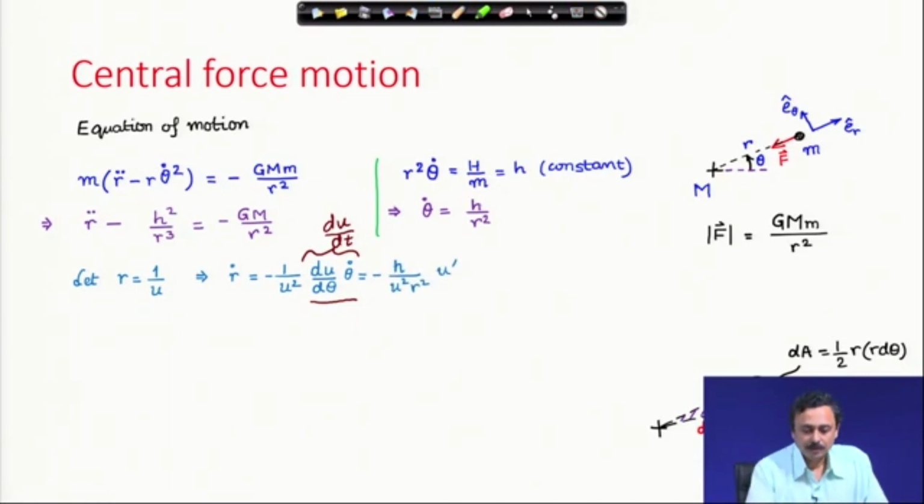Now, theta dot is h over r square, therefore I get minus h over r square into u square, and u prime is du d theta. I write du d theta as u prime.